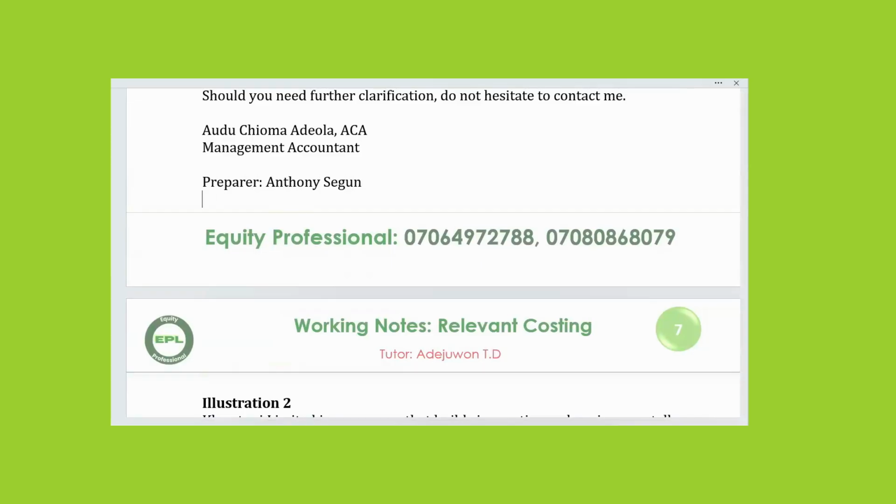You are not the only one because you are writing to the management, you are writing to the head office. So when you prepare a report professionally, it is always better, no matter your level within the organization, except maybe you are the CEO. Even if you are the CEO, it's not the CEO that will write the report.